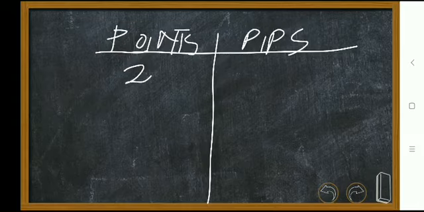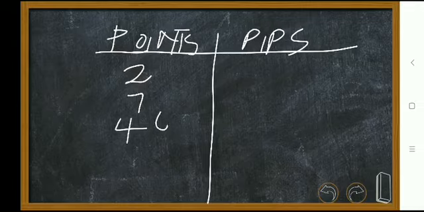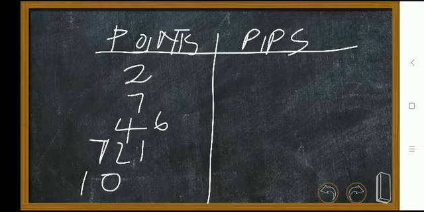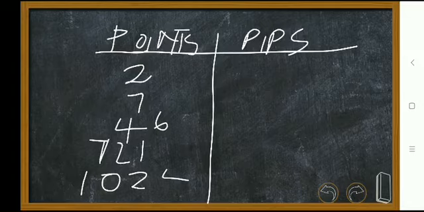Say 2, say 7, say 46. This time go with 721. I'm selecting random numbers here. Let's say 1024.